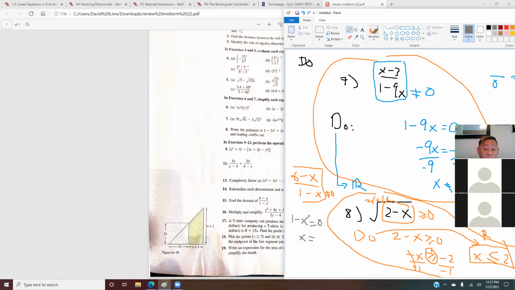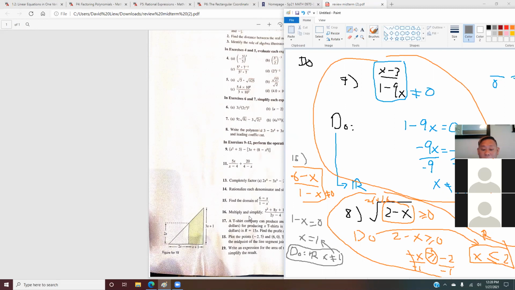X in this case will be negative 1. No, oh wait, positive 1. It's 1. So what is your answer in this case? Your domain is all real numbers and x cannot equal 1. That's how you do question number 15.